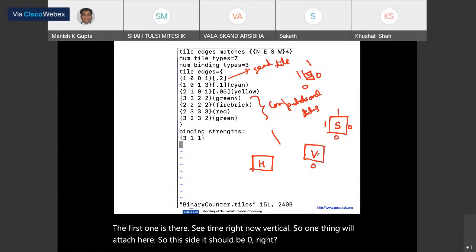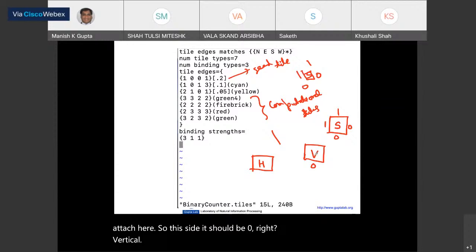Vertical. So out of this, which one will come here? Can you tell me? So this should be 1.